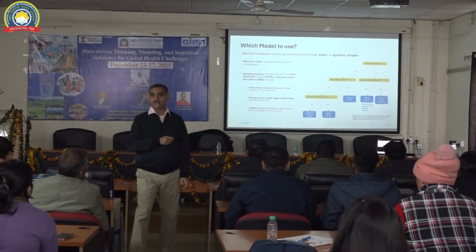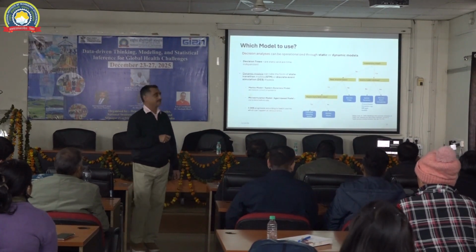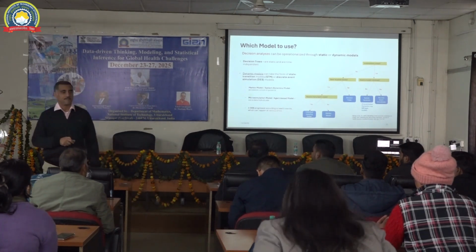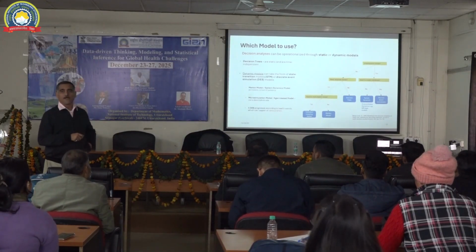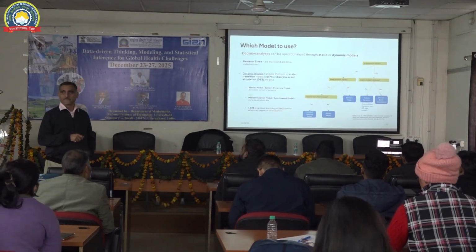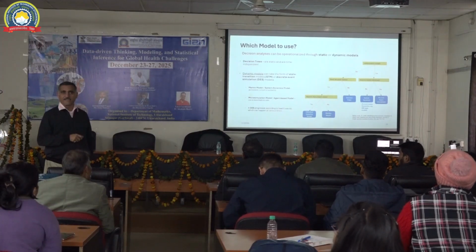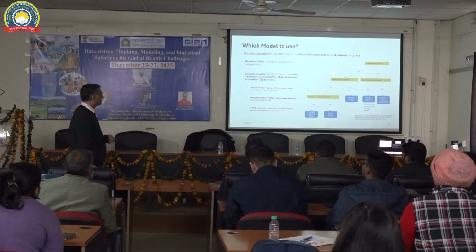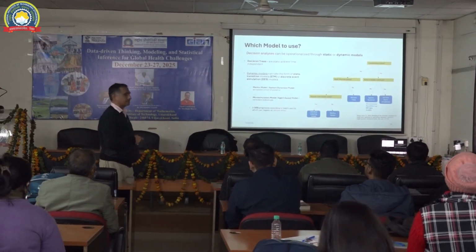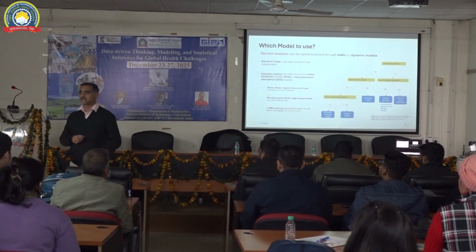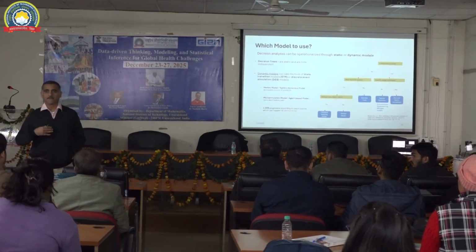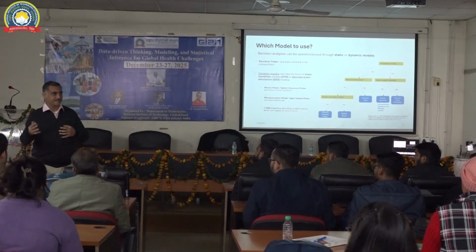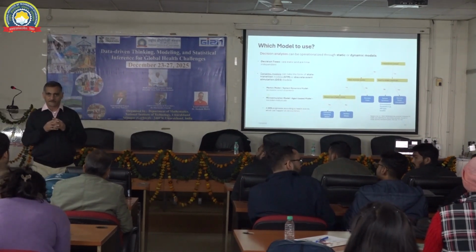Is interaction critical? This is about how you choose different types of models, and this tree helps you decide. It's not like every time you choose an SIR type model. There are different types of models. So for example, is interaction critical? Interaction means influence, infection, contacts.